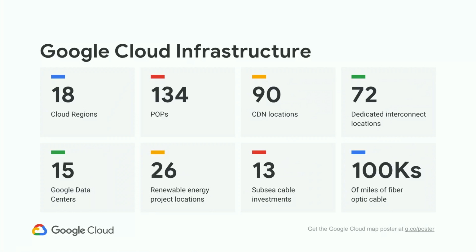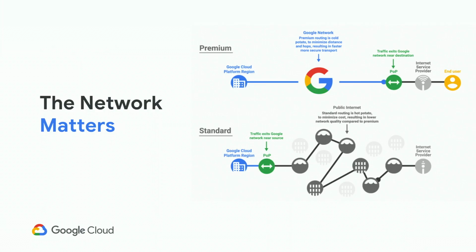These are the points where the traffic is exchanged between the public internet and the Google Cloud network. 9 years ago, Google became the first major non-telco to build an undersea cable. And till date, we have invested in 13 subsea cable investments, including 2 private subsea cables which were announced last year.